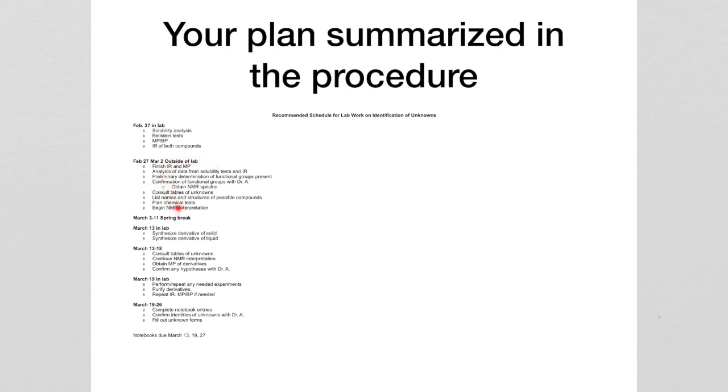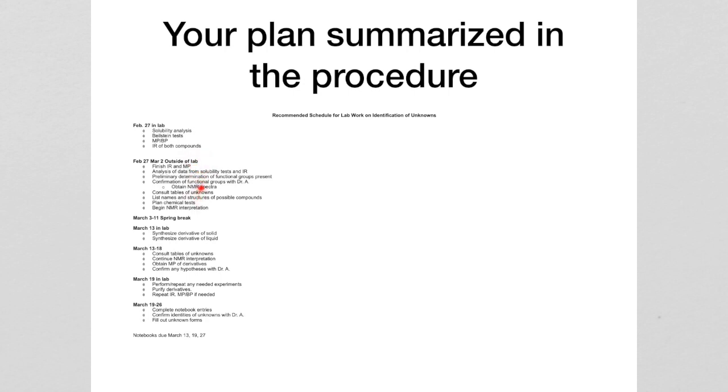Notice the amount of things that you're going to need to be doing outside of lab. These are going to be things that you can do that are not wet lab and that can be done in your room. For example, IR and melting point are things that you can do outside of lab hours. You can come to 213 and do that on your own.